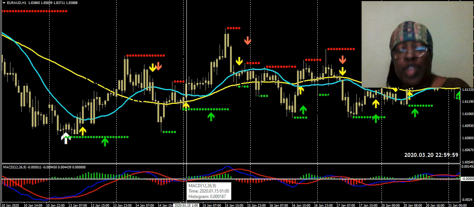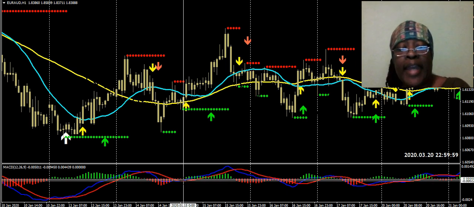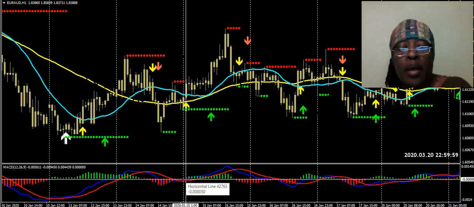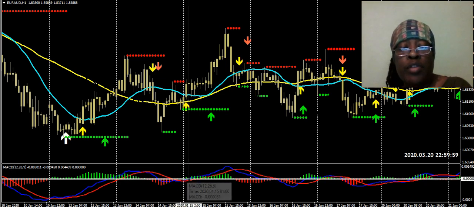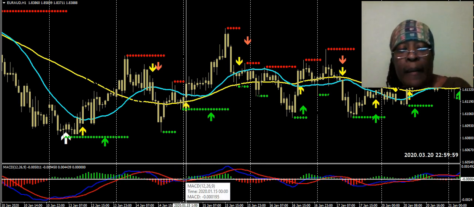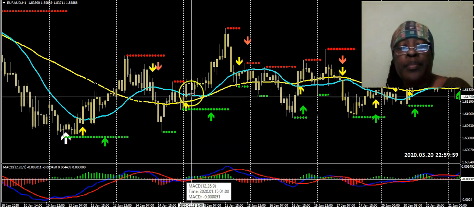That's one check for the buy. And it is moving across the 0 line on the MACD. Another buyer's confirmation. So you can take that trade for 20 pips.